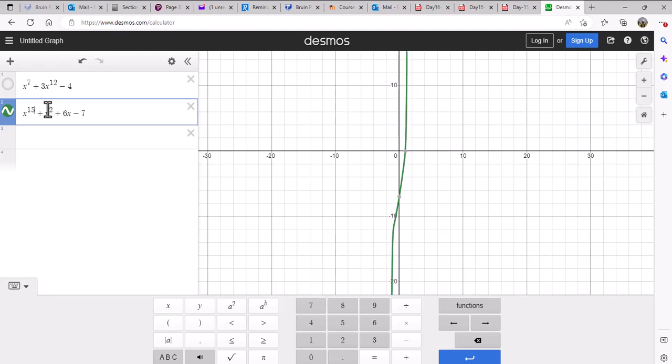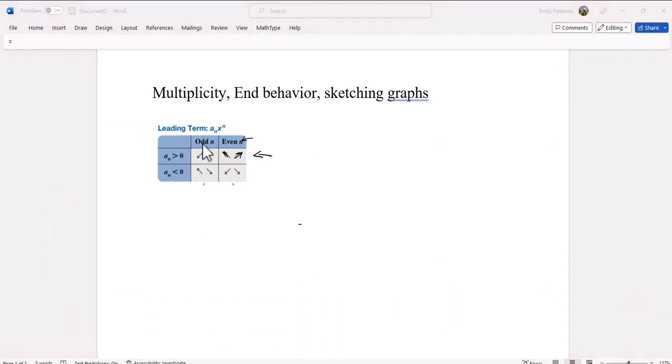But putting it back into an odd, we see that it goes from left downwards and right upwards. So looking back at our notes, this is the situation it's talking about here, where again, the end behavior is going to go down to the left and up to the right.